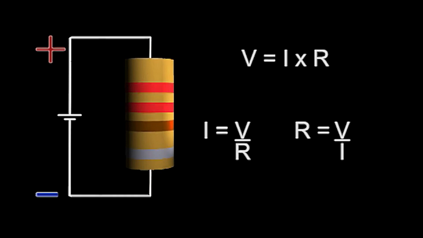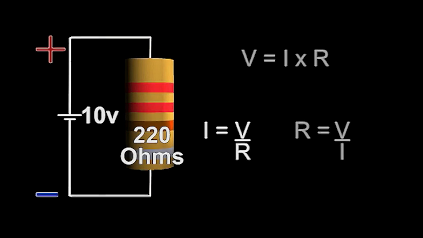We know that the value of the resistor is, in this case, 220 ohms, and I'll explain how we know that in a moment. So let's, just for convenience, assume that our DC supply is 10 volts coming out of that battery. Our resistor we know is 220 ohms, so it's quite easy to work out now the current flowing through the resistor using the I equals V over R variation of this formula.